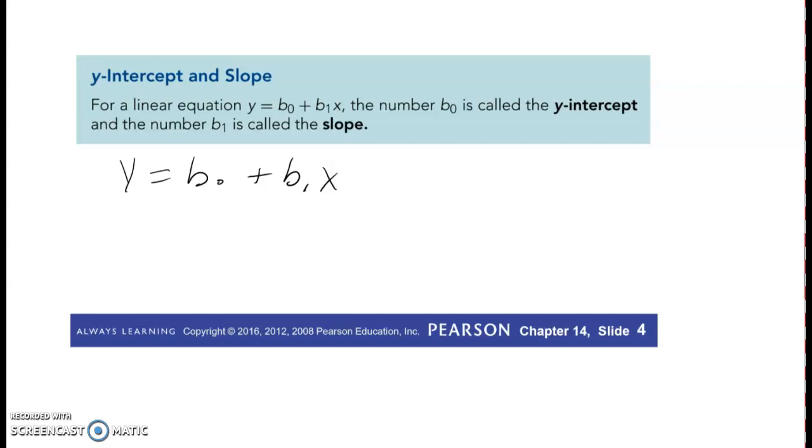Your y-intercept was a b, now you're going to write b sub 0 for your y-intercept. Your slope, which was m, the notation for slope is now going to be b sub 1.